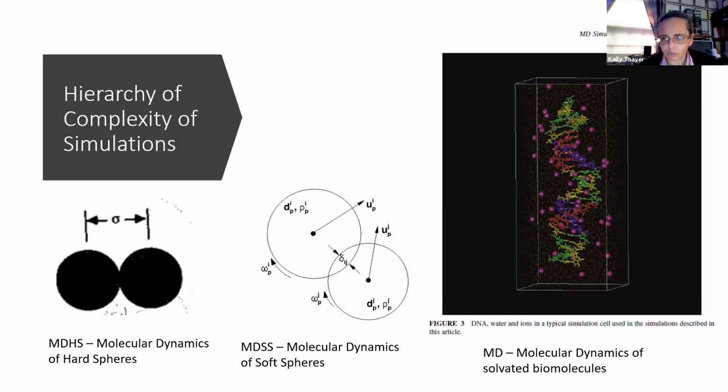And then, of course, we would move into molecular dynamics of solvated biomolecules, which is what we're actually interested in doing. So we talk about the hard spheres because in a very simple way, it explains the fundamental things we need to understand about molecular dynamics simulations, or any simulations for that matter, in order to move up to doing the more complex ones of more interesting systems.